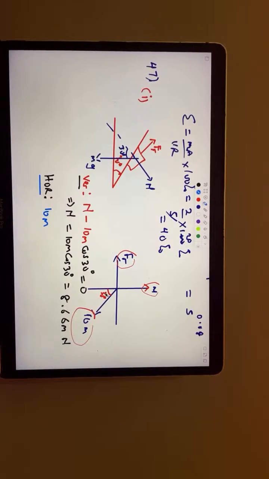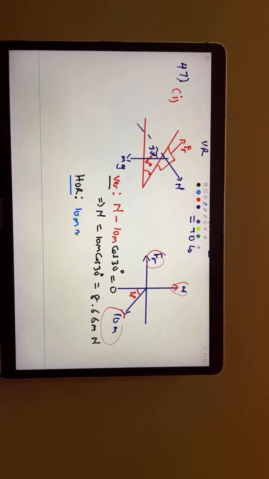The angle was made with the y-axis, the vertical. These answers are different. Whenever you get different answers to these two questions, you will use sine of the angle. So this has to be sine 30 degrees. Then, since 10m is to the right, the frictional force is to the left, so we have minus Fr.